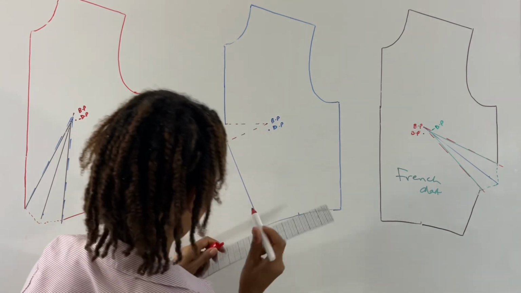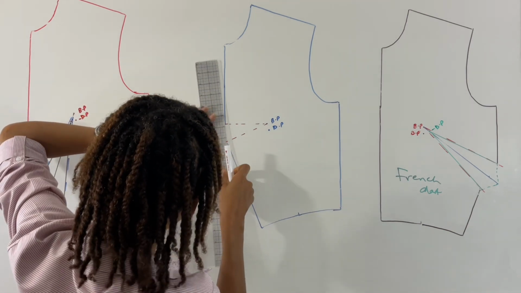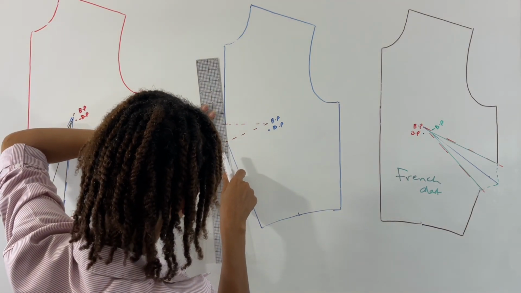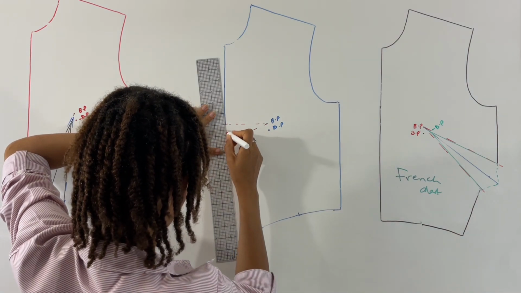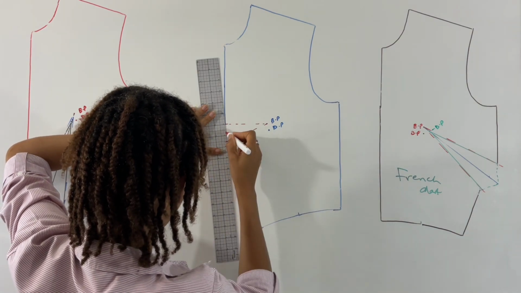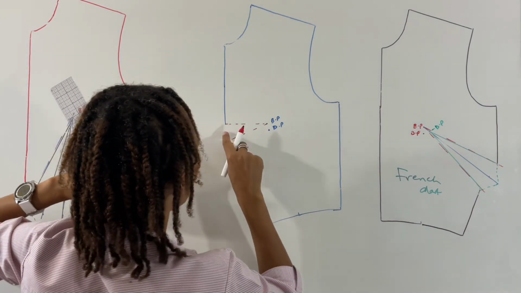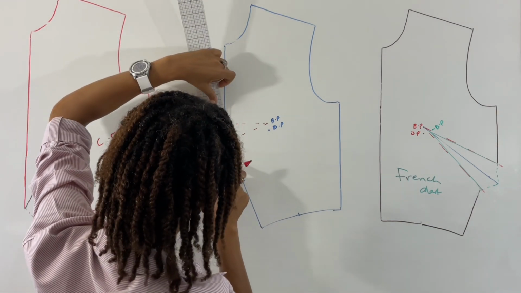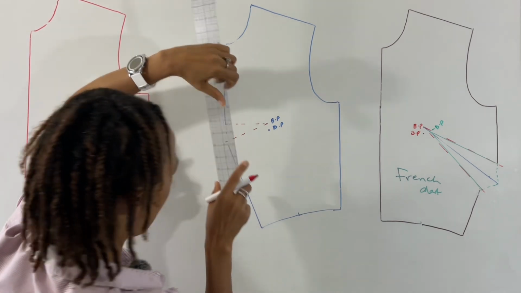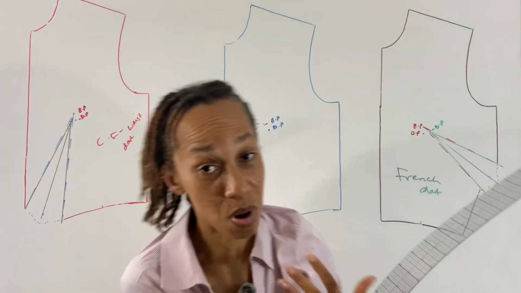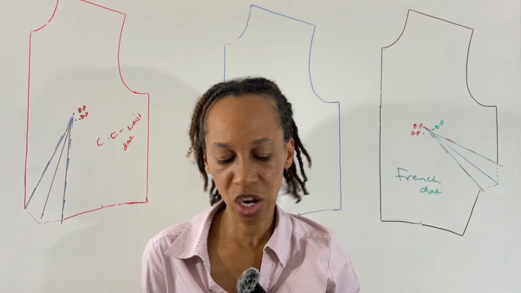Okay, and you find the center. So now this is going to be 1.5 inches, so you need 3/4 of an inch. So right there is the center, 3/4 of an inch. Oops, if it's smudged, make sure you get your 3/4 of an inch properly. Because I'm using the dry eraser marker and a whiteboard, it's going to smudge sometimes. But if you're using your pattern paper, you're not going to have this situation.